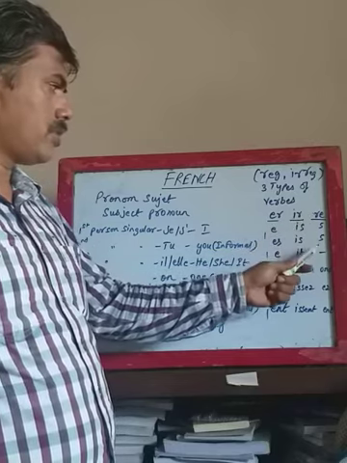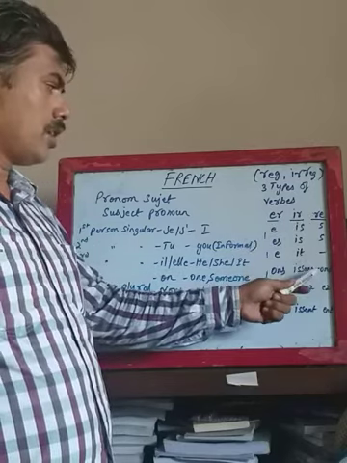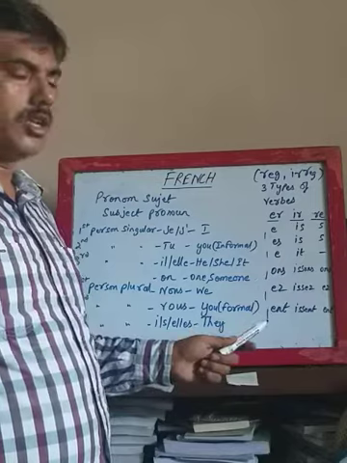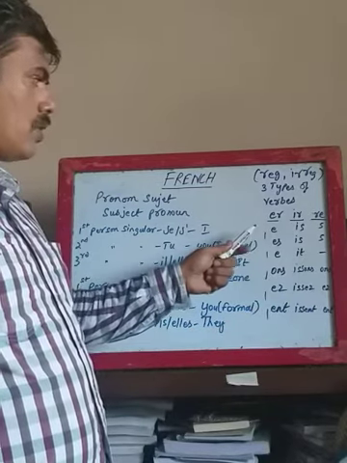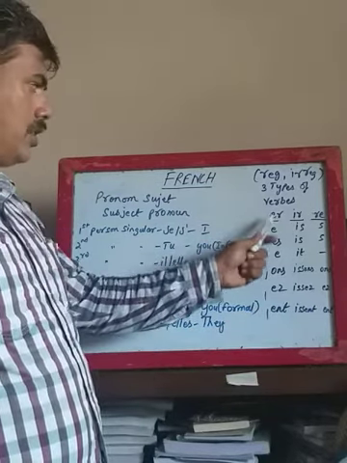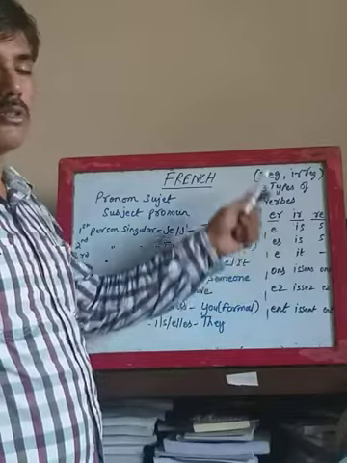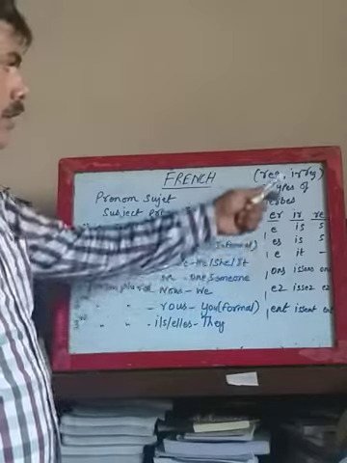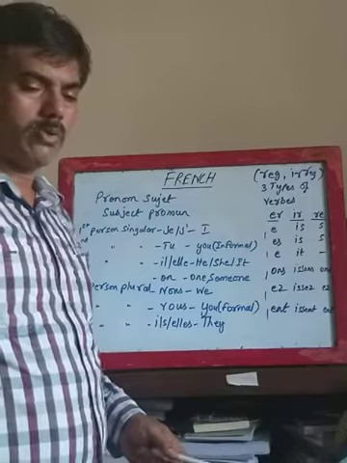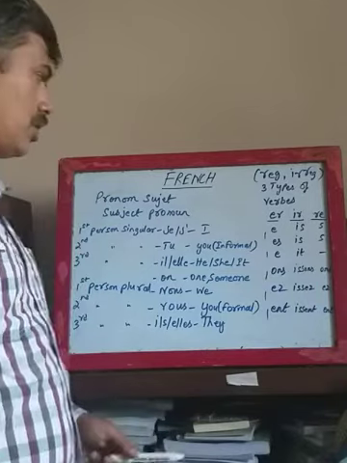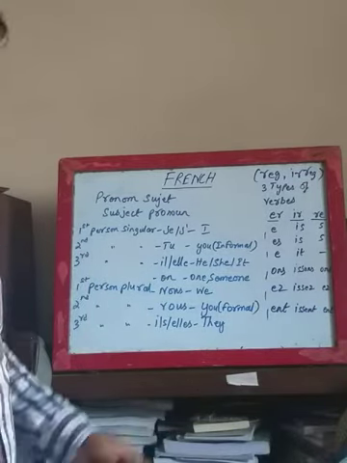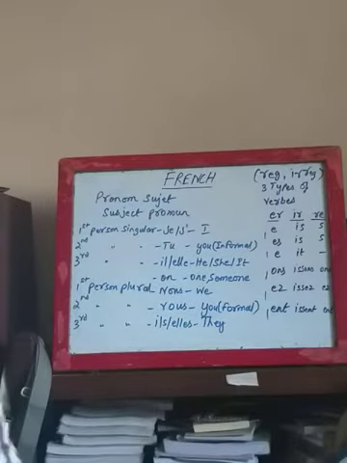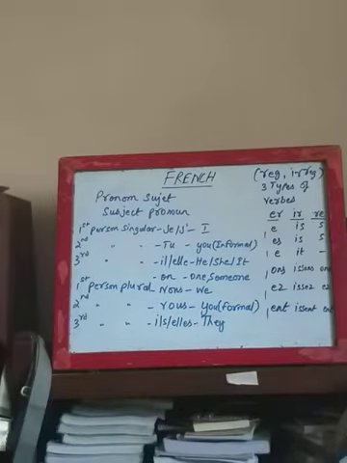Regular verbs: s, s, third person nothing, then ons, ez, ent. These are the ways to conjugate these types of regular verbs in present tense. For irregular verbs, as I just told you, you have to write, practice, and memorize them. Now let us see examples of how to do the conjugations.